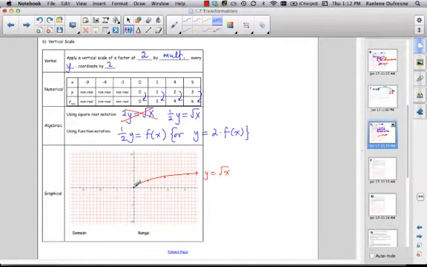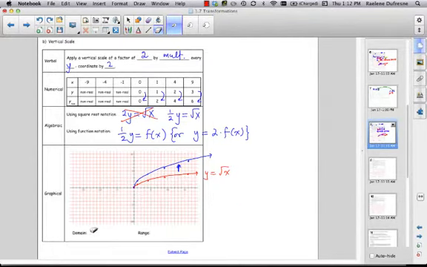So we take each y-coordinate and double it, point by point. So a y-coordinate of 2 becomes 4, a y-coordinate of 3 becomes 6, and a y-coordinate of 4 becomes 8. And so the scaling or the stretching this way is a vertical scale, as opposed to the last one, which was a horizontal scaling.